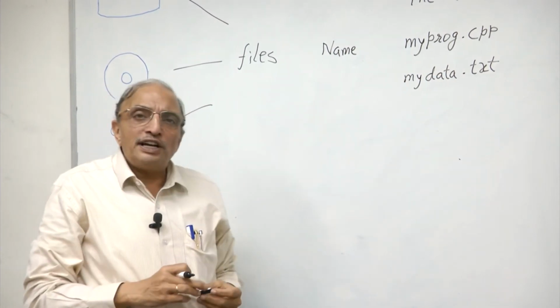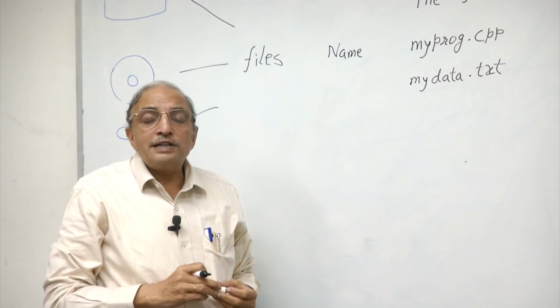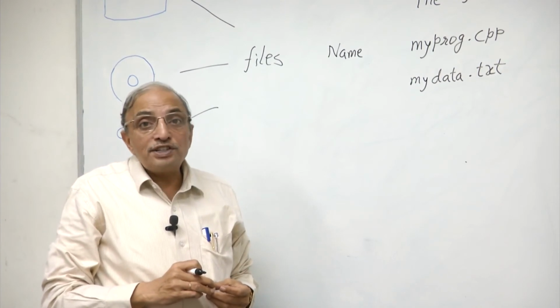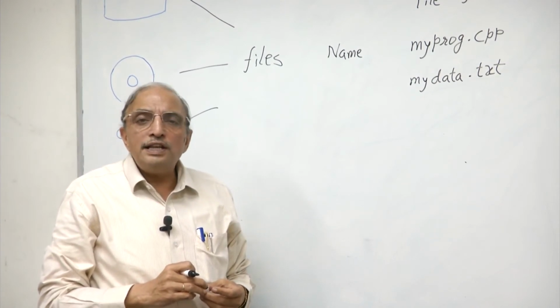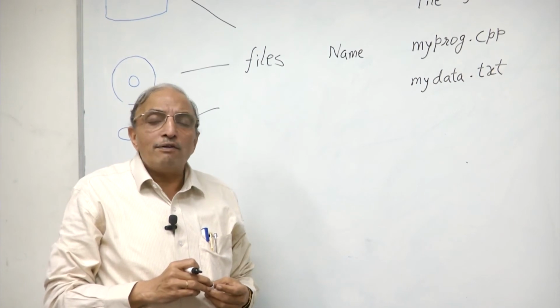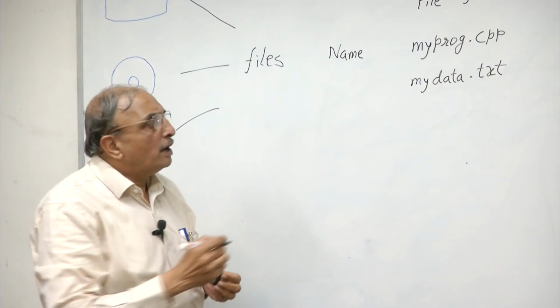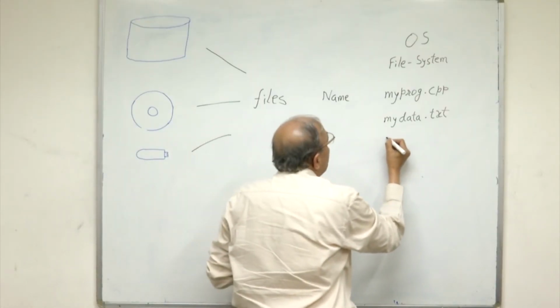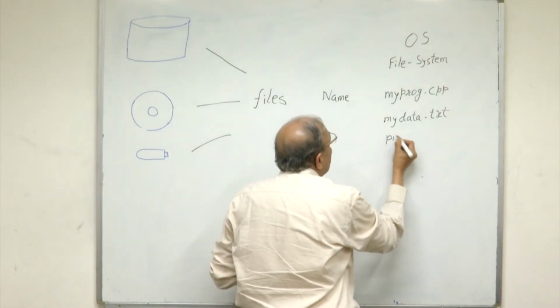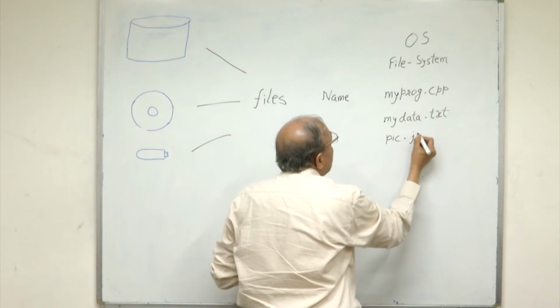There could be special type of files. We know, for example, that digital images can be stored in files, and these digital images could have their own format in which data is stored. For example, a JPEG file could be stored in, let us say, pic.jpg.